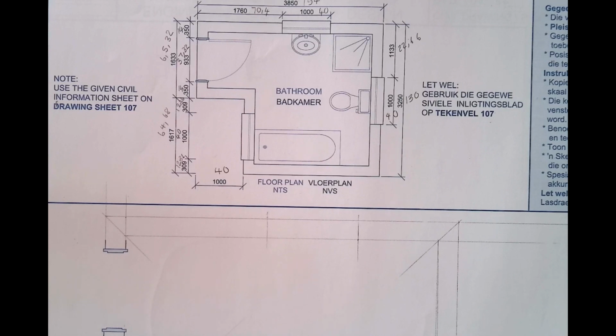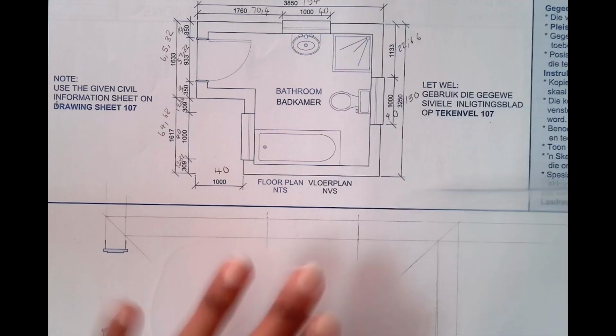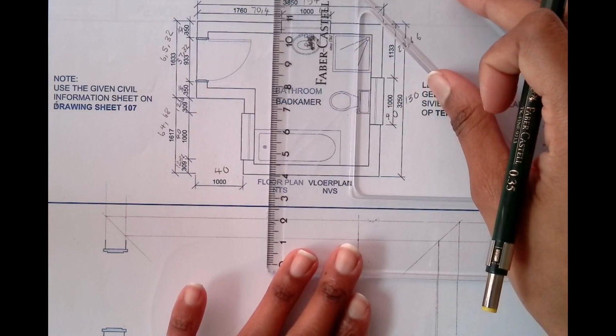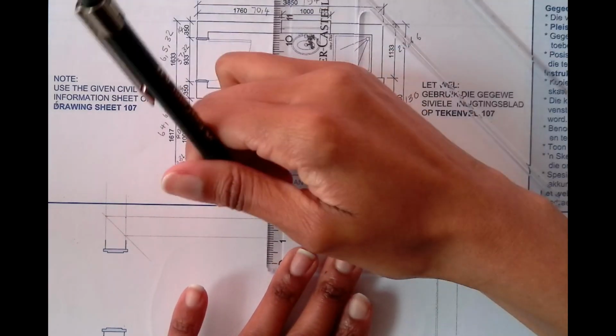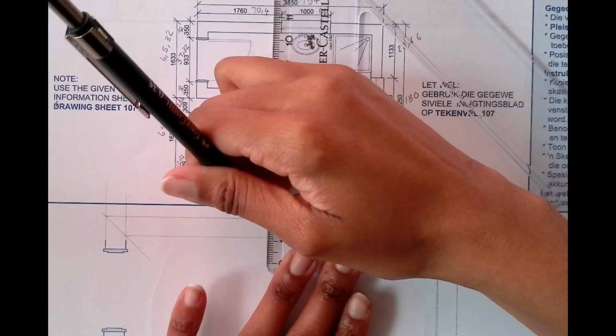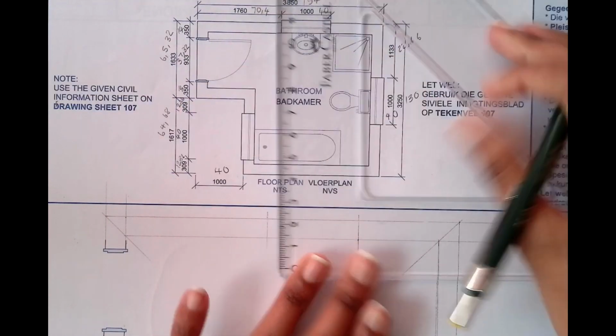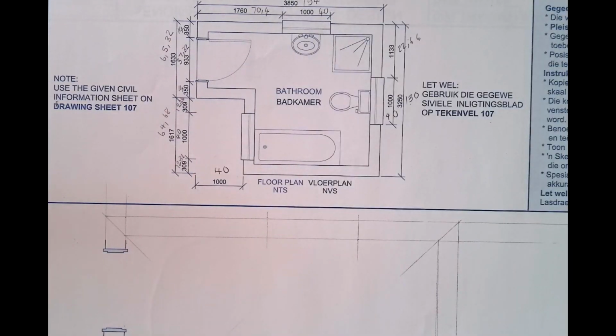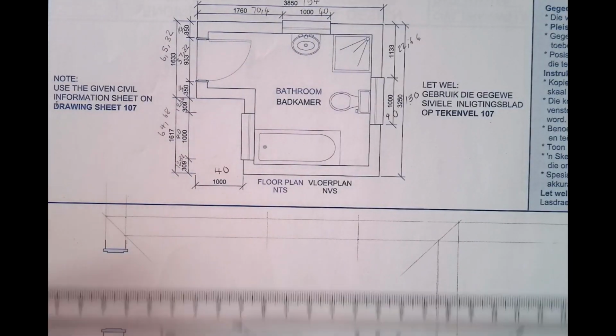So it means that our windowsill will be 2 millimeters out. So we're just going to measure 2. Zero, 1, 2. Then that is where our windowsill will be.